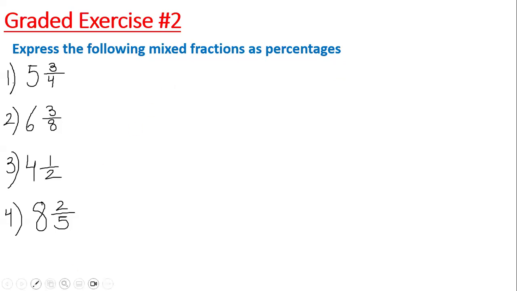What y'all have for number 1? I got 575%. Okay. So the first thing we're gonna do is multiply 5 by 4 and add the 3.